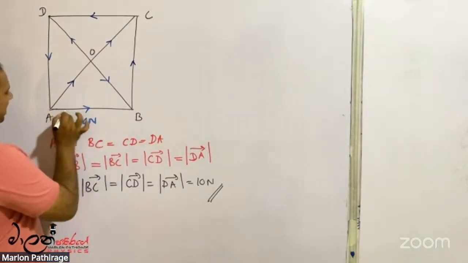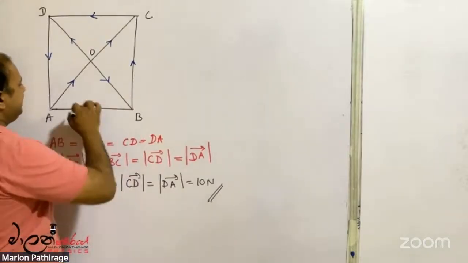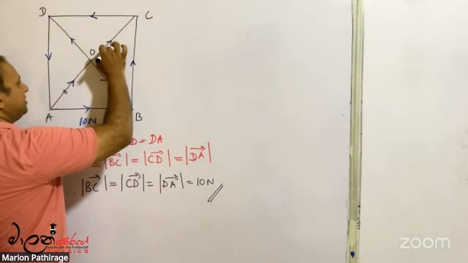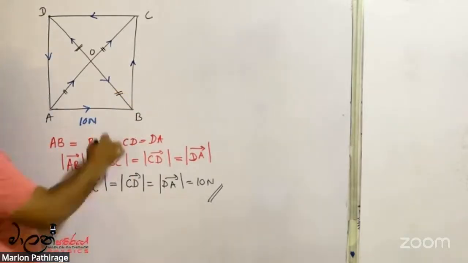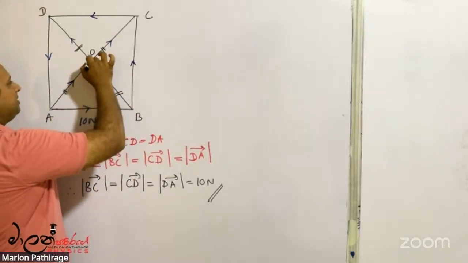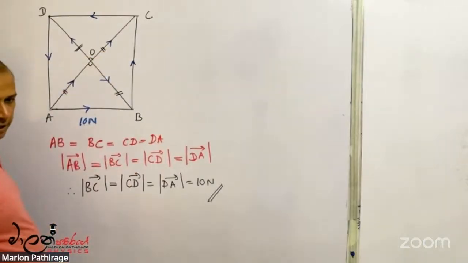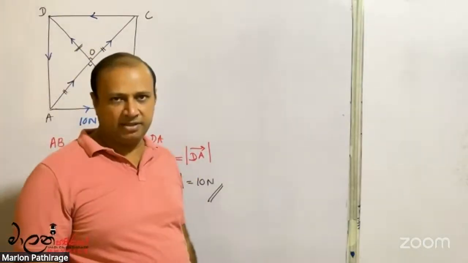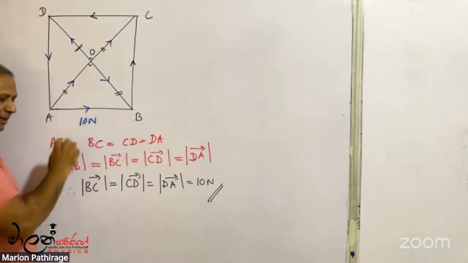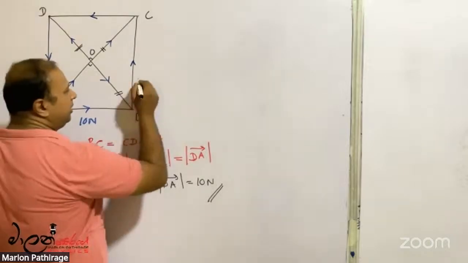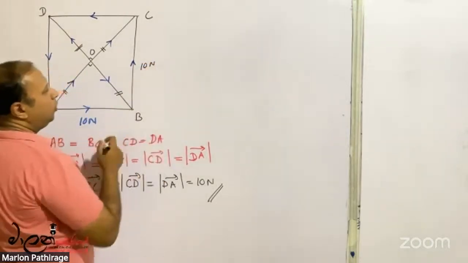As this is a square, this length is equal to this length, and this one is equal to this one. And those are perpendicular bisectors. Anyway, you know this length is equal to 10 Newton and this length is corresponding to 10 Newton also.